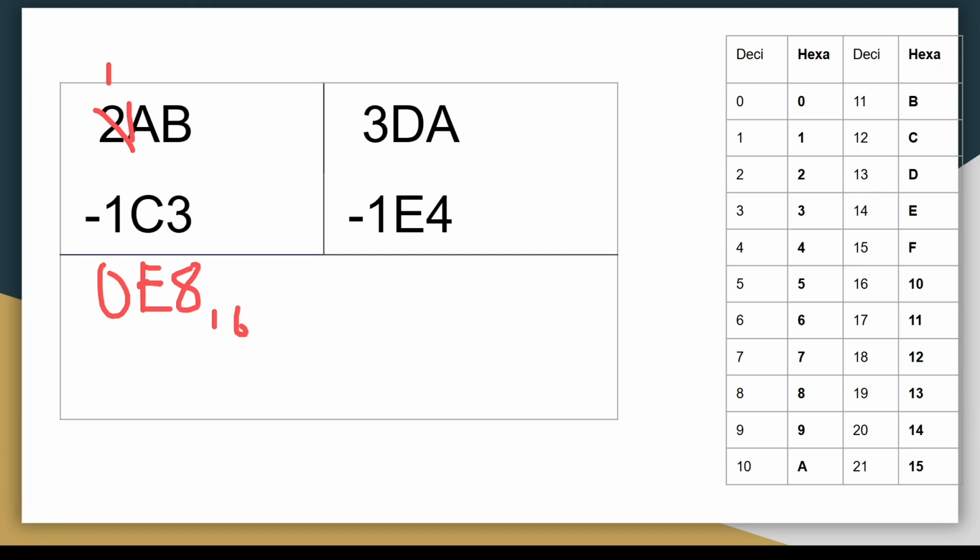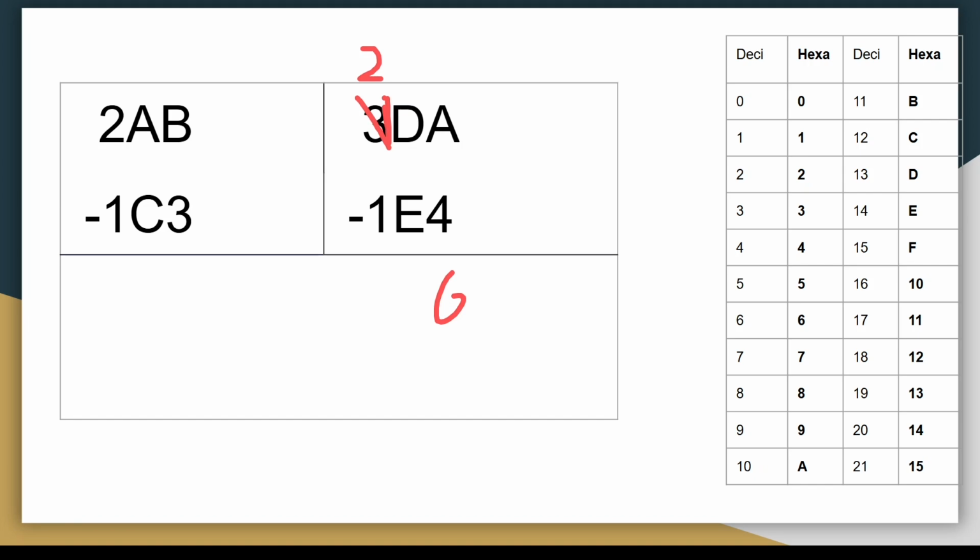So now moving on to the second subtraction problem. 3da minus 1e4. A is 10. 10 minus 4 is 6. And remember, it's the same until 10, so don't need to worry about that. And over here, borrow from the 3. This becomes a 2. So 1d now. And like we just did, 1a is 26, because that's 10 plus 16.